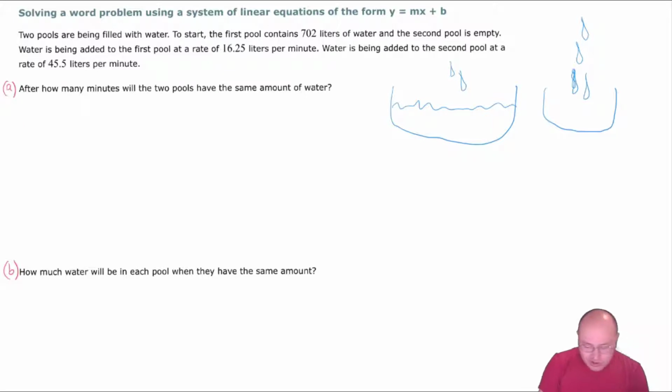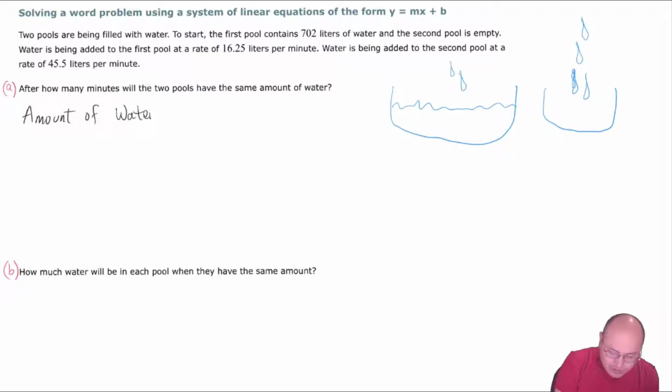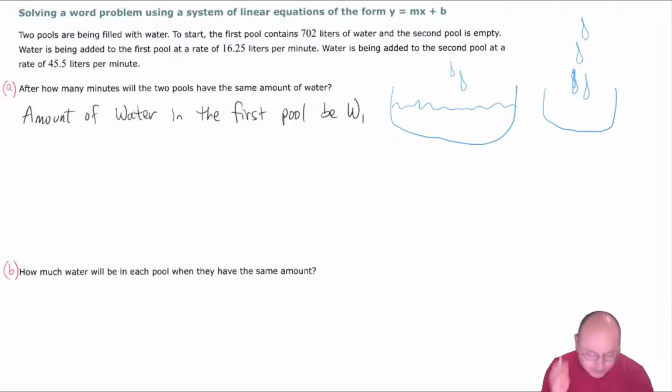Why don't we use the English? How about the amount of water in the first pool be w sub 1.